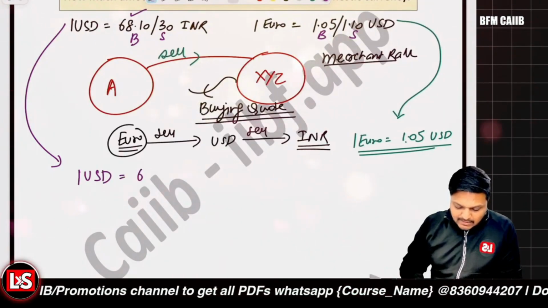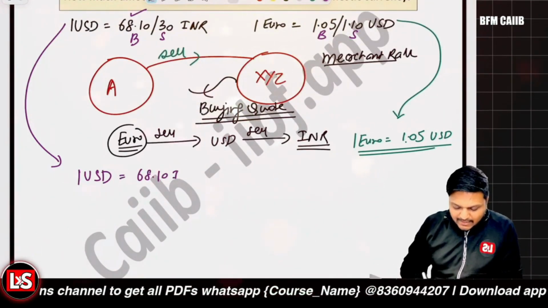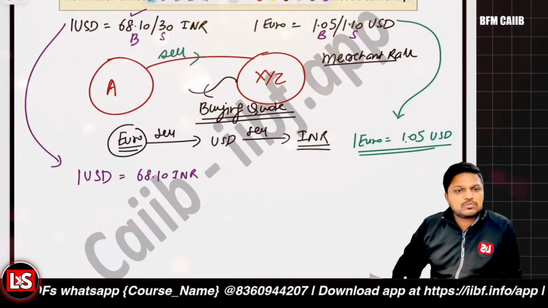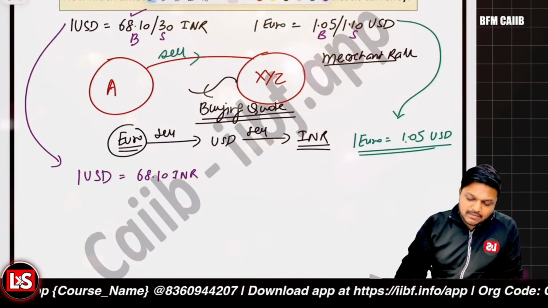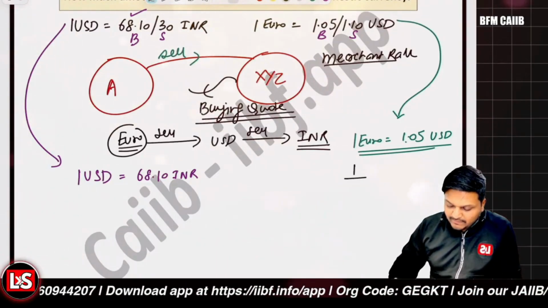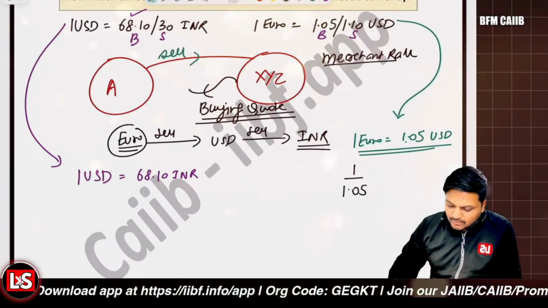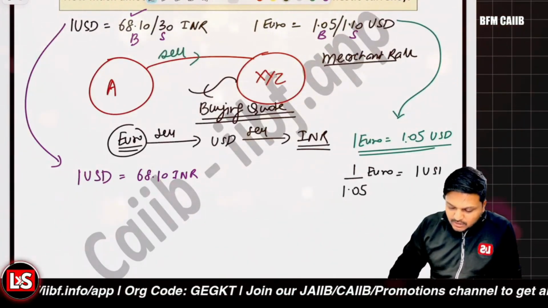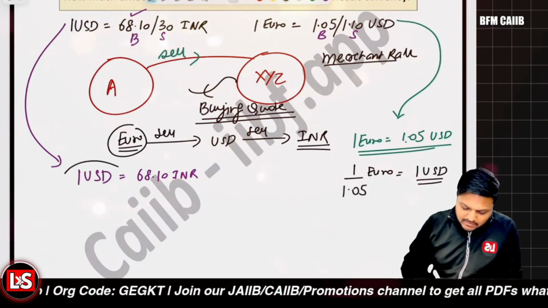So it is 68.10 INR. Now, can we equate these two? Not so far. We have to make the equation in a manner that lets us equate them. So it will be 1 divided by 1.05 euro is equal to 1 USD. Now you can equate these two sides.